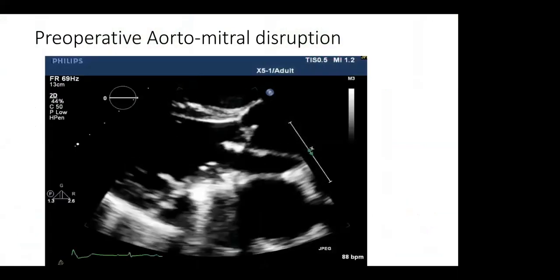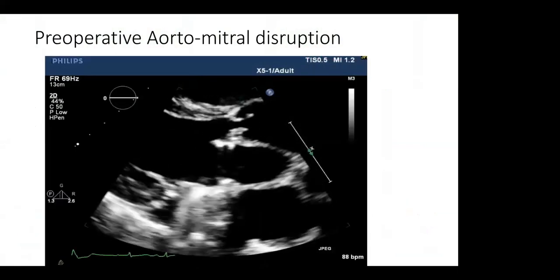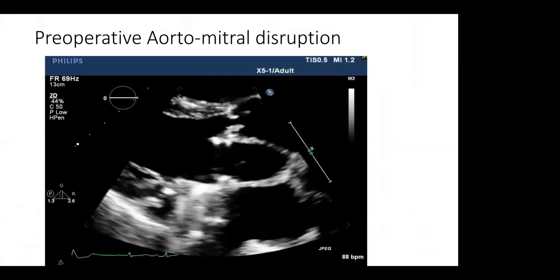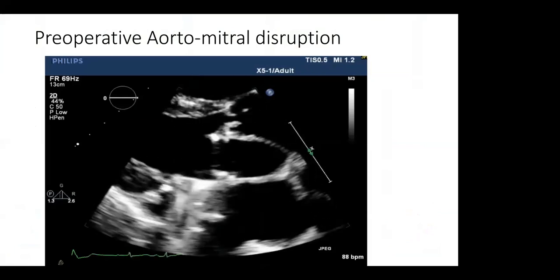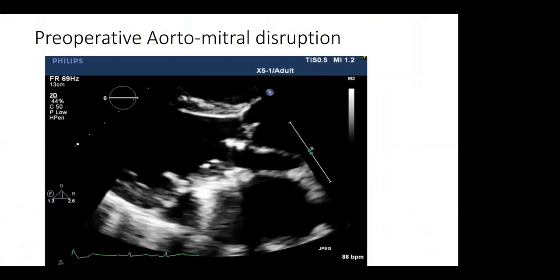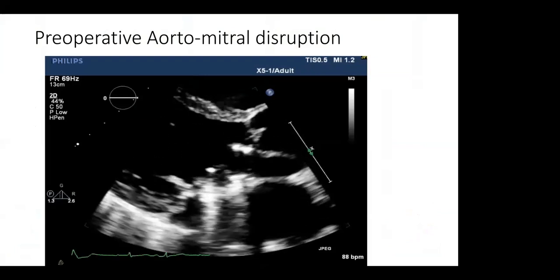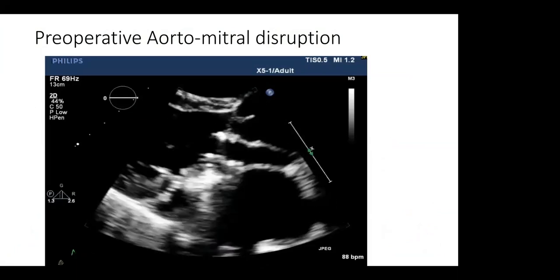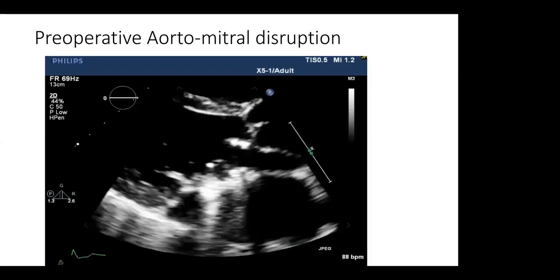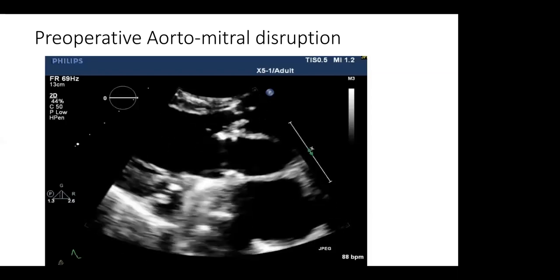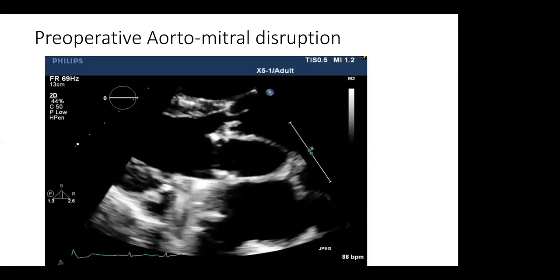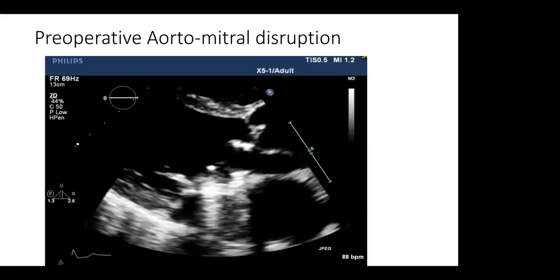So what do you think of the orientation of the mitral prosthesis? It seems there is a rocking of the prosthesis, especially in the posterior aspect. Yes, it is rocking and quite unstable. And the mitral is facing not the ventricle, it's facing the LVOT.